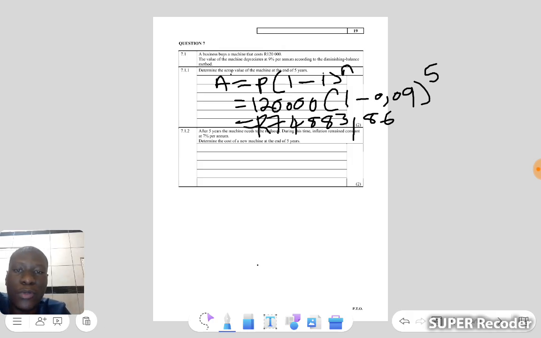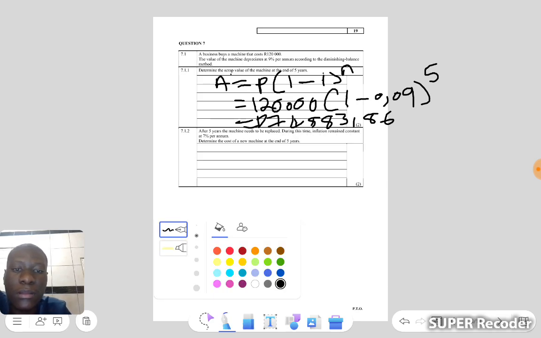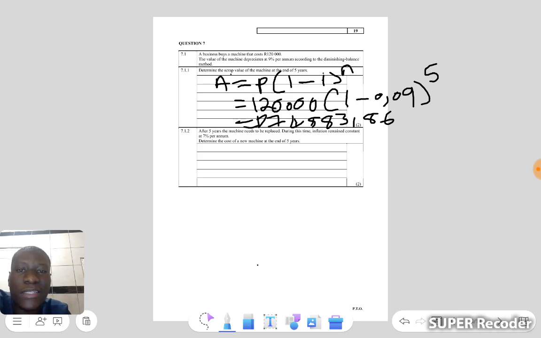Okay, let's move on. Welcome to question 7.1.2, which says after 5 years the machine needs to be replaced. Let me rub some here. After 5 years, the machine needs to be replaced. During this time, inflation remained constant.